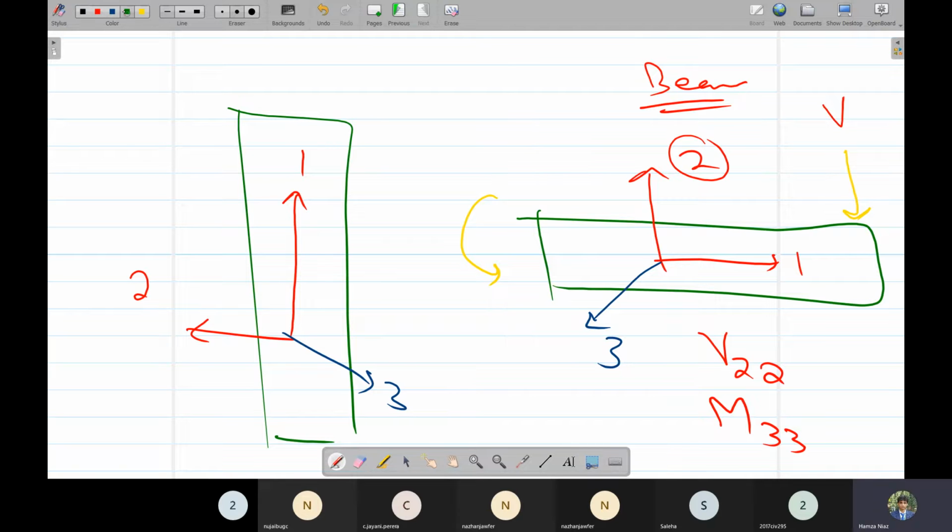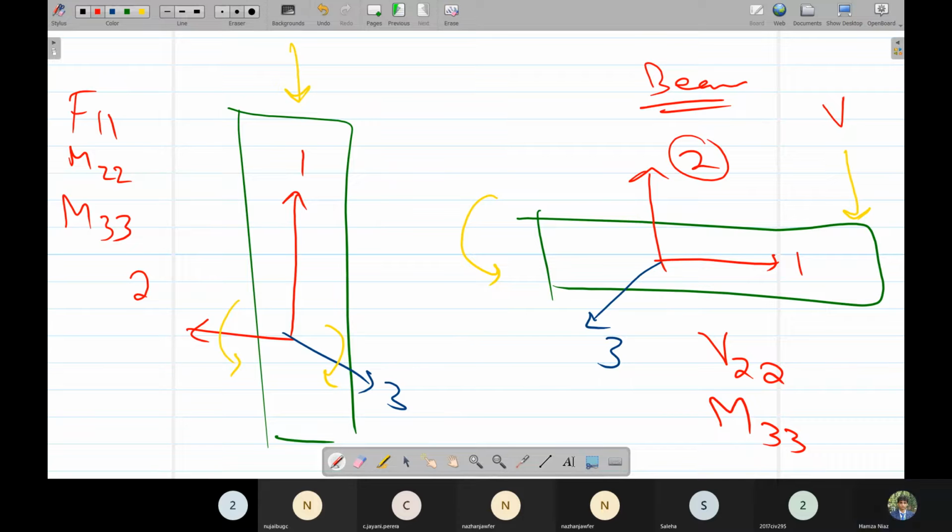In the case of columns, axial load is also acting, and this axial load, due to some eccentricity, can generate moment about both the 2 axis and the 3 axis. So our critical forces for a column would be F11, the axial load along the 1 axis, M22, moment about the 2 axis, and M33, moment about the 3 axis.